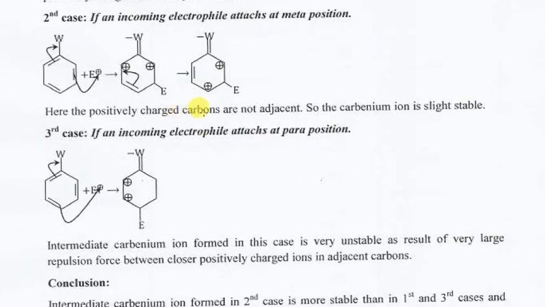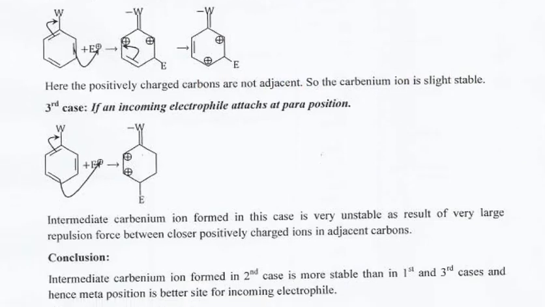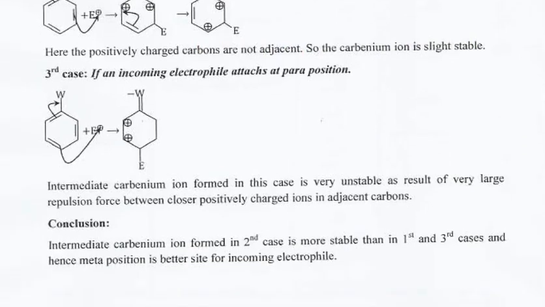So here the positive charged carbons are not adjacent, so the carbonium ion is slightly stable. But in case 3, if the incoming electrophile attach at para position, maana tutakuwa tuna intermediate carbonium ion formed in this case is very unstable as the result of very large repulsion force between the closer positive charged ion and adjacent carbon.